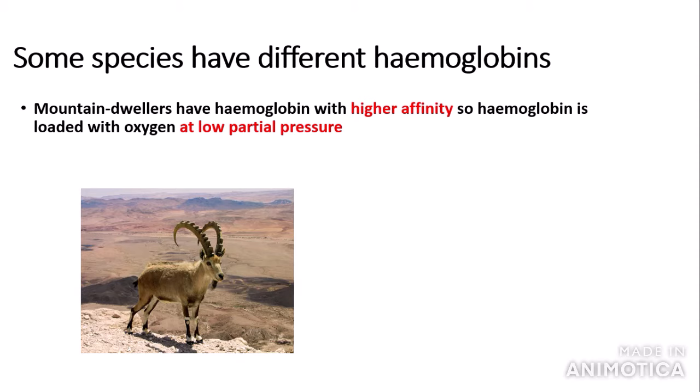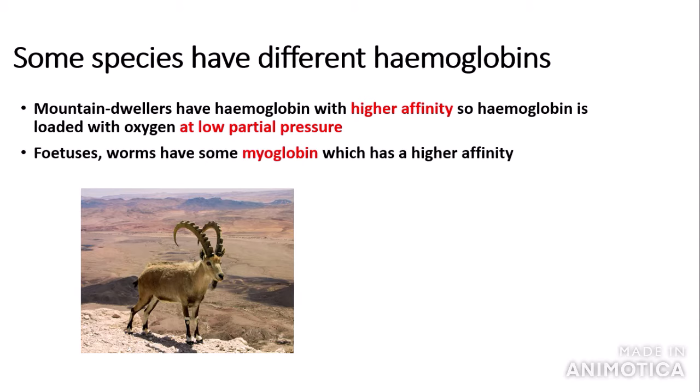This means that the hemoglobin is loaded with oxygen at low partial pressure. This is important for mountain dwellers as there is often less oxygen available at higher altitudes. So having hemoglobin with higher affinity means that the little oxygen that is there binds to the hemoglobin.